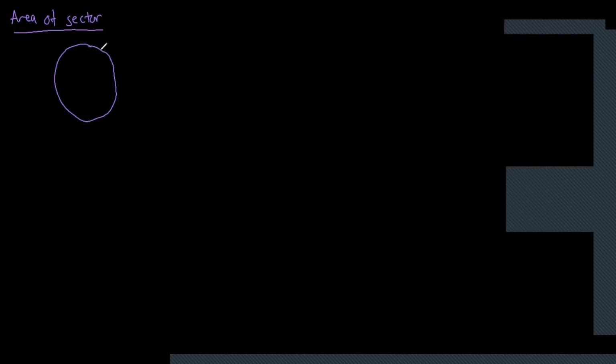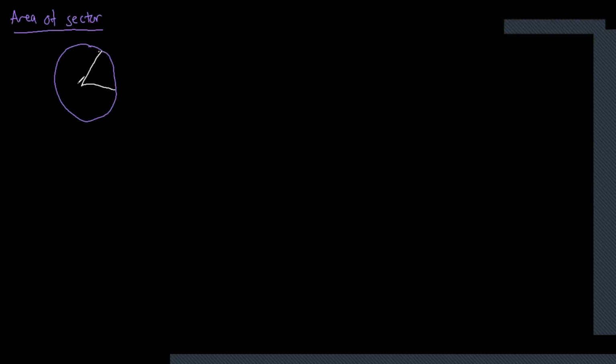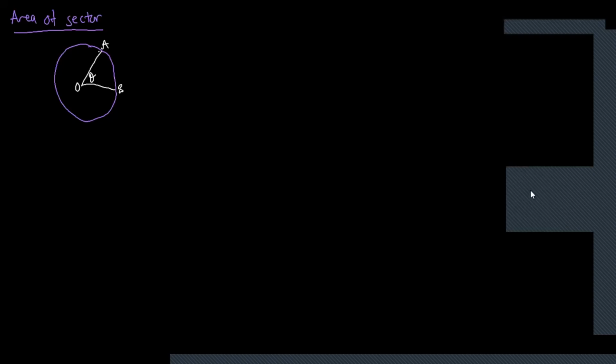If we take out a sector here like that, this is O, the center, and the angle is theta here, from A to B. Let's say we cut a piece of cake from a whole cake.